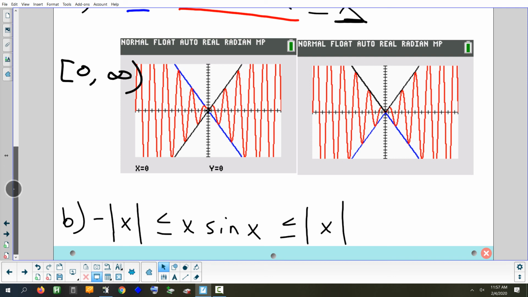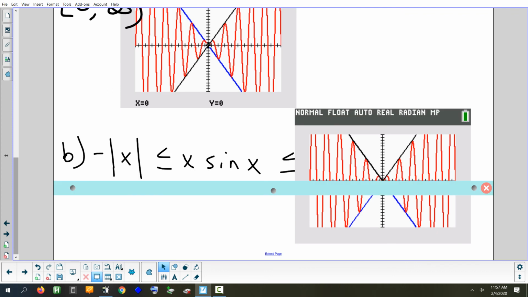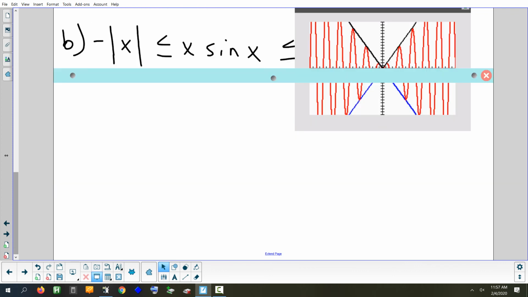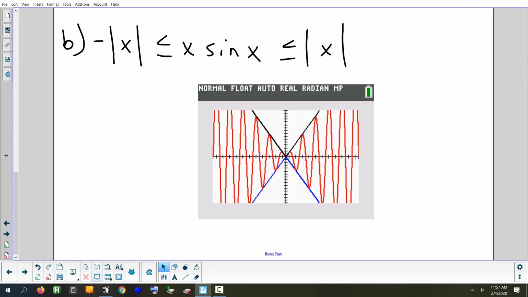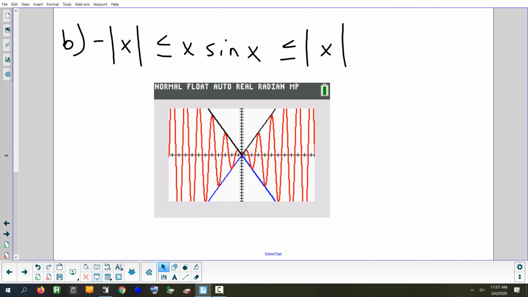So now the question, let's bring this down. Where is the graph in red above, this one was the blue, this one was the black, where is the graph in red above the blue, but below the black? Yeah, everywhere. So how would you write that as an interval?